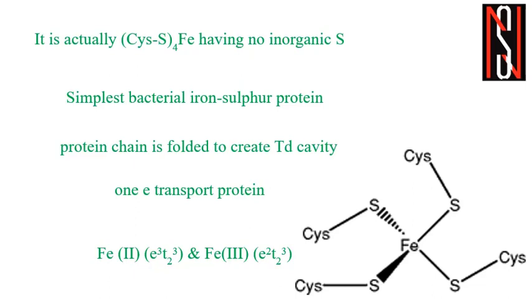When you split the d orbitals in a tetrahedral geometry, it splits into 2 levels. The lower level is called e, and the upper level is named t2. In the high spin state, the Fe2+ fills the e level with 3 electrons and the t2 level with 3 electrons, whereas for Fe3+ the electrons are filled like e2 and t2^3.